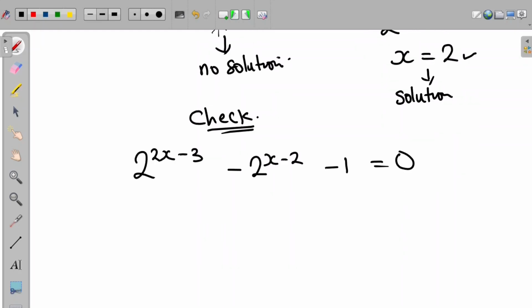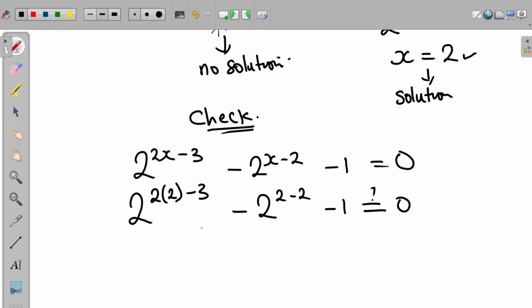So recall that x is equal to 2. So we have 2 to the power of 2 multiplied by 2 minus 3, minus 2 to the power of 2 minus 2, minus 1 equal to 0.